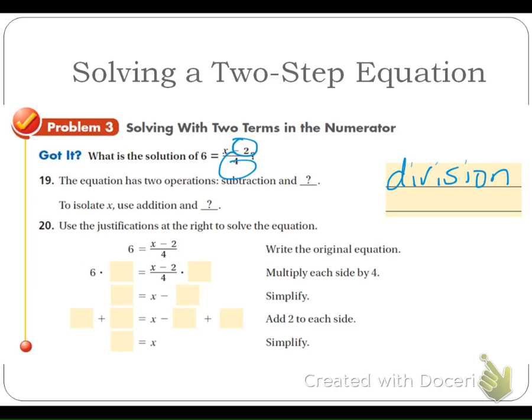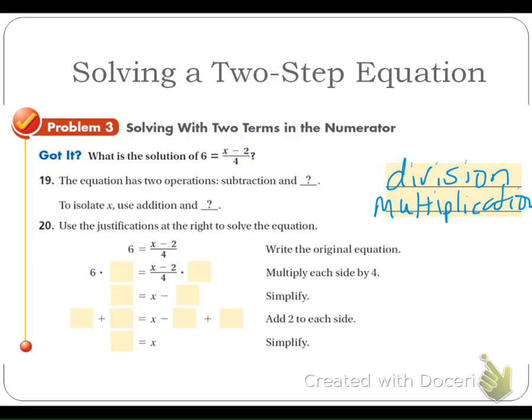See, it's all being divided by 4. To isolate the variable x, we have to use addition so that we can get rid of the 2, and multiplication. But we have to undo the complex fraction first.